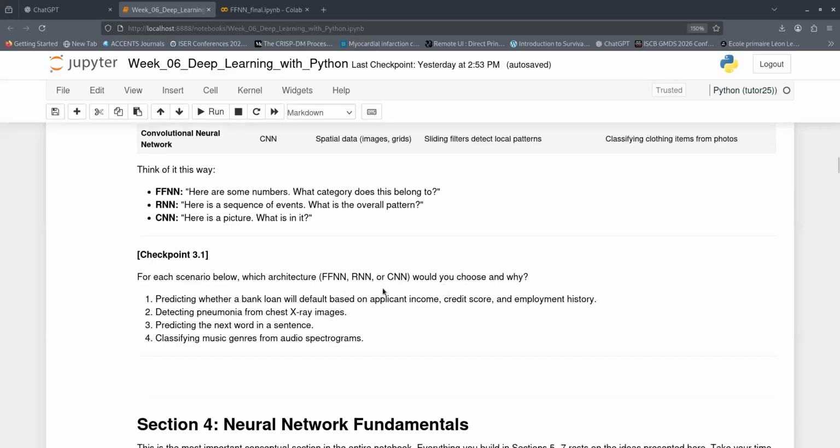If we would like to predict whether a bank loan will default based on the applicant's income, credit score, and employment history, which architecture are we going to use and why? Is there someone who wants to reply?